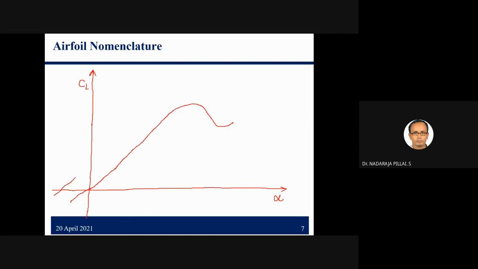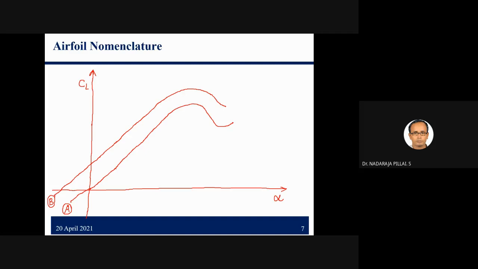Similarly, I can draw another curve. Now, say this is A and this is B.